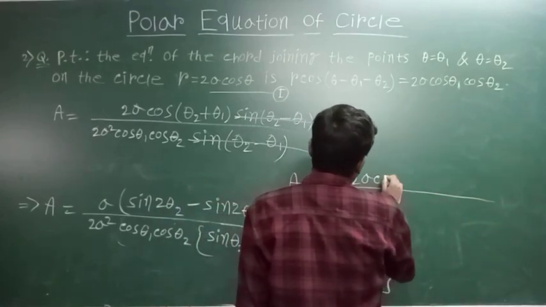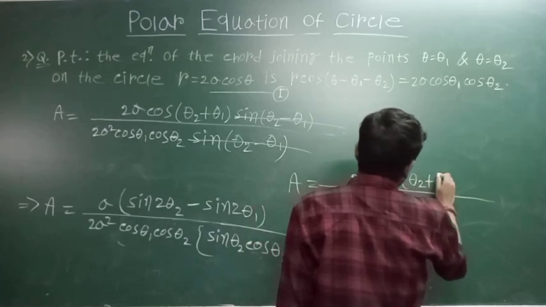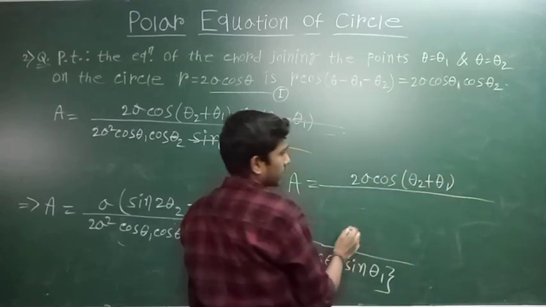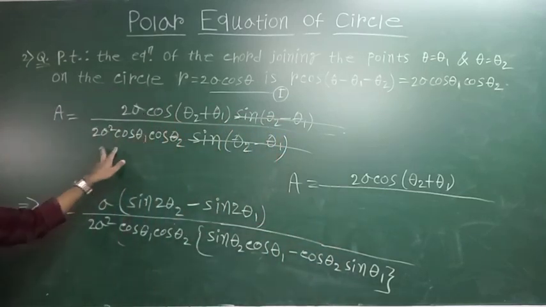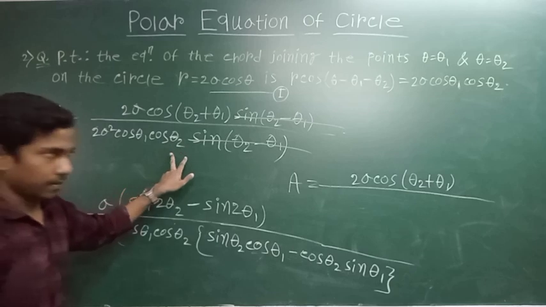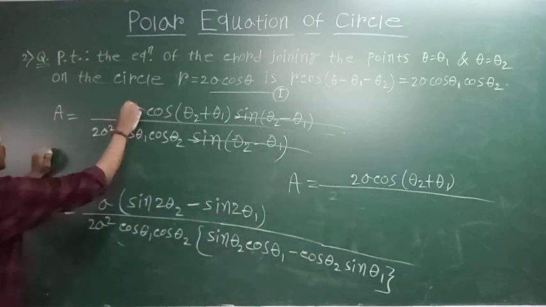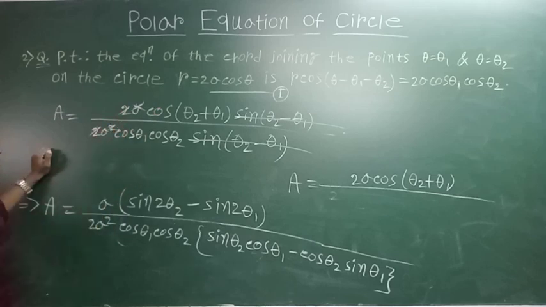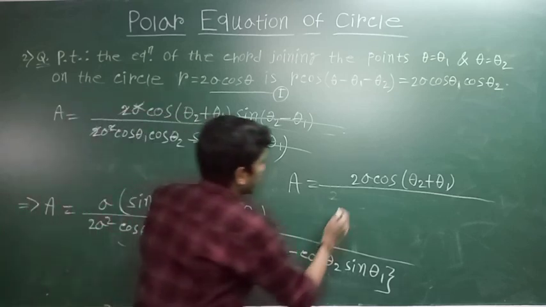2a cos (theta 2 plus theta 1) divided by 2a squared cos theta 1 into cos theta 2. If we cut 2 and a, then we get a cos theta 1 into cos theta 2.